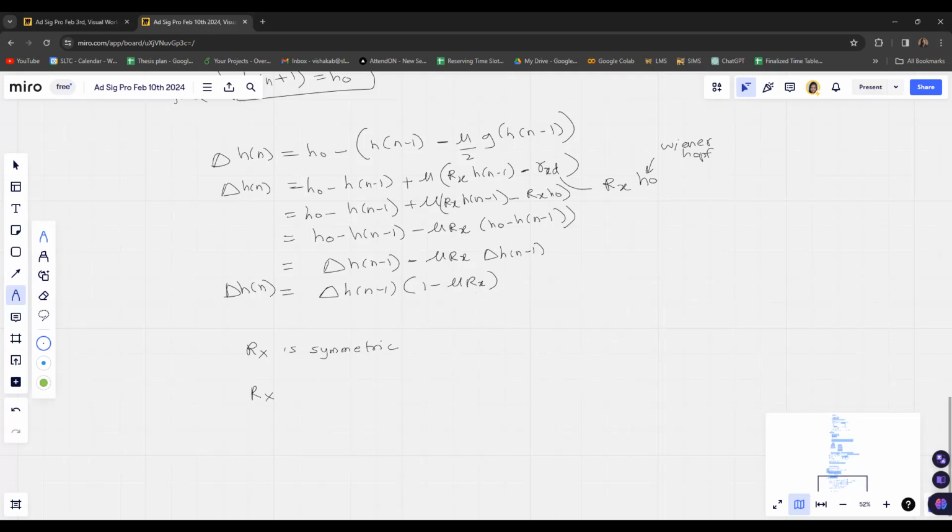And Rx can therefore be denoted using a matrix X multiplied by another matrix and X transpose.